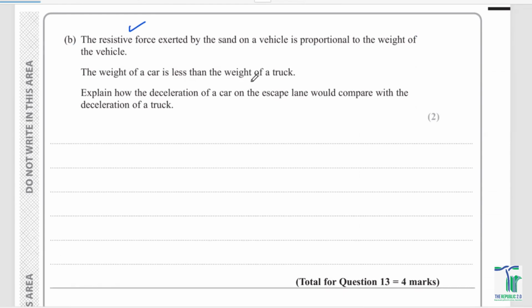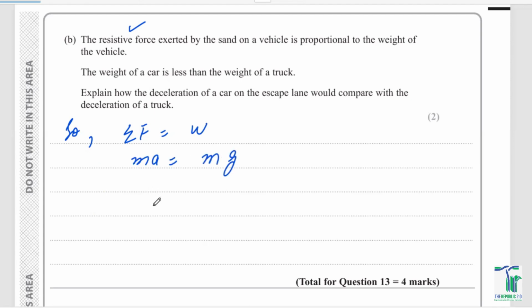So whenever you're talking about the deceleration, of course, the resistive force is proportional to the weight. But you can easily see that the resultant force must be equal to the weight of an object. So ma comes out to be equal to mg.